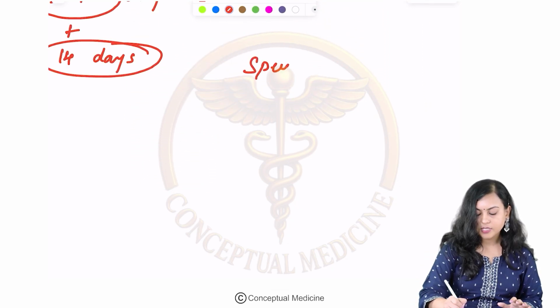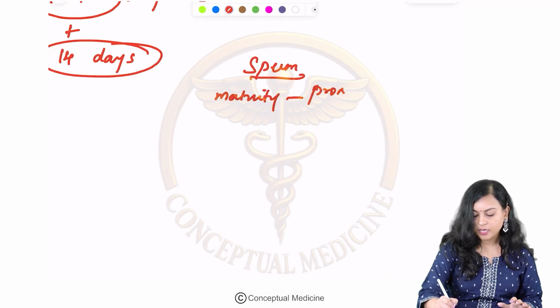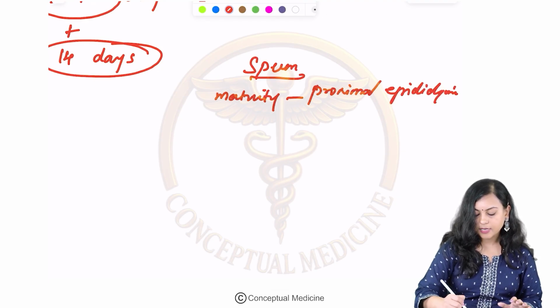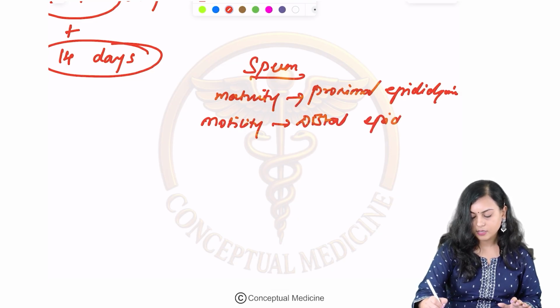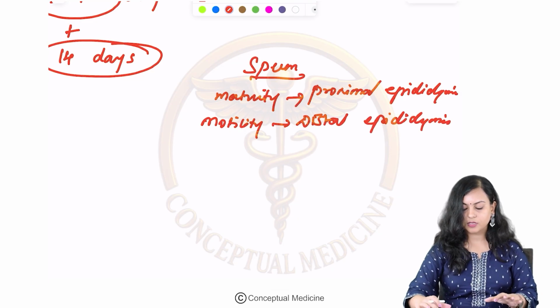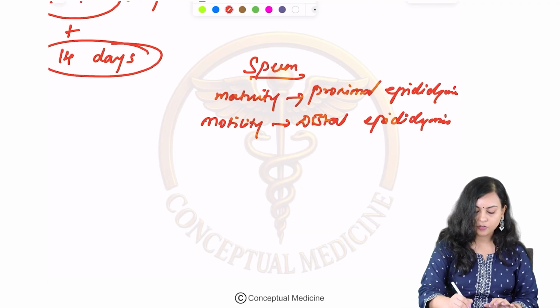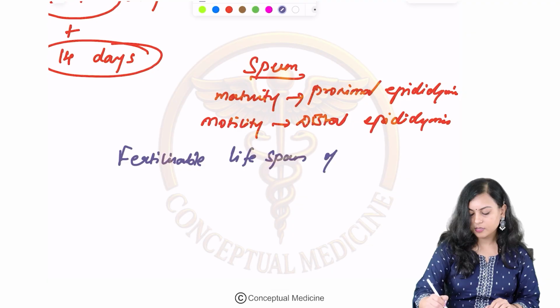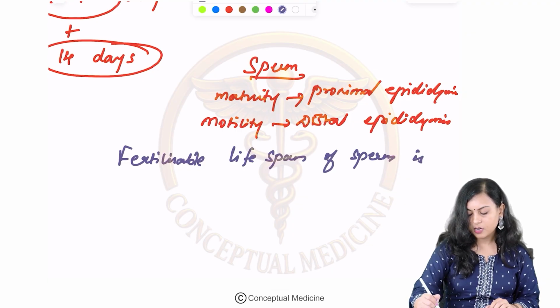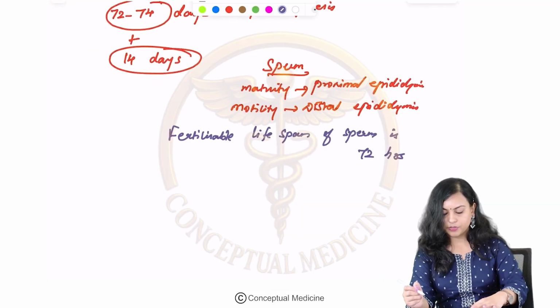And remember, sperm attains maturity in the proximal epididymis and motility in the distal epididymis. The fertilizable lifespan of sperm is about 72 hours. Okay.